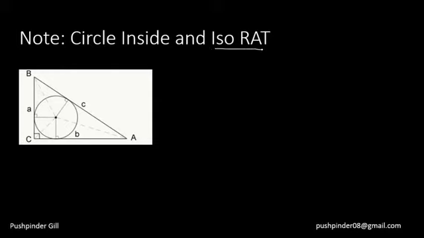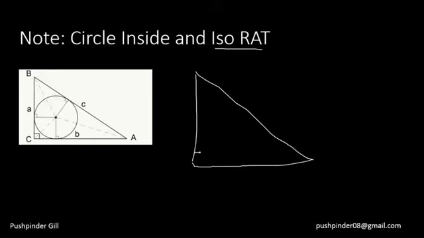Now again, I call it iso-right. Iso-right means isosceles right angle triangle. So let's suppose this is a right angle triangle. Now you get a lot of tough questions on this. And this is equal to this, by the way. And this is a circle. So we have to find the relationship between the radius of the circle and the side of the right angle triangle.